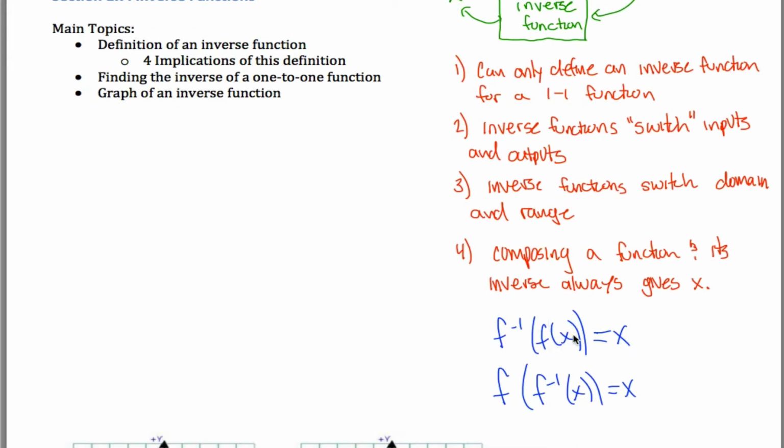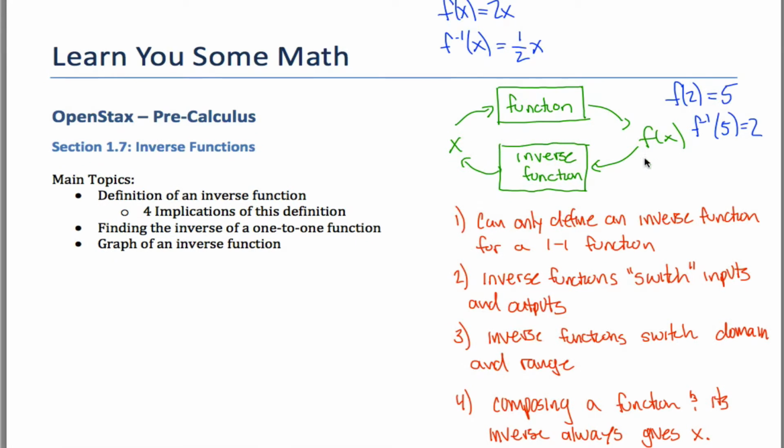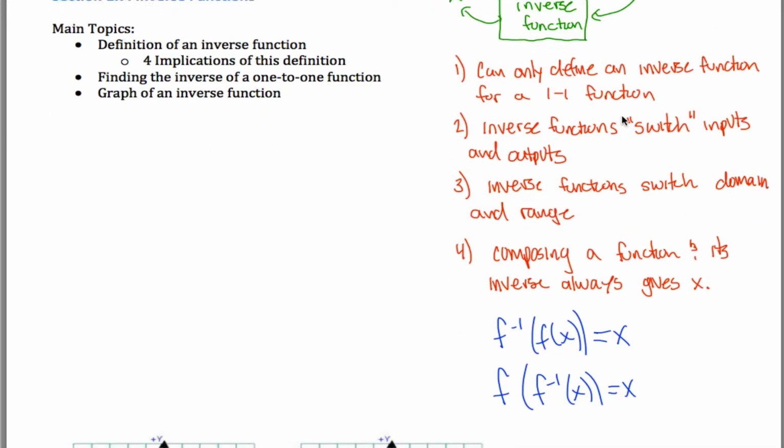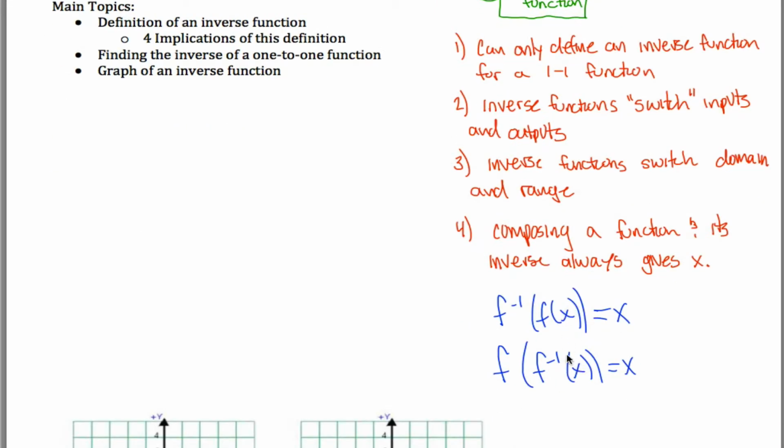Same thing if you take something and put it into your inverse function. If I take something over here and put it into this machine, and then what comes out goes into this machine, I'll get right back to where I started. Take something, put it into your inverse function, that output goes into your function, what you get out of that function will be exactly what you started with here. That's this fourth property here.